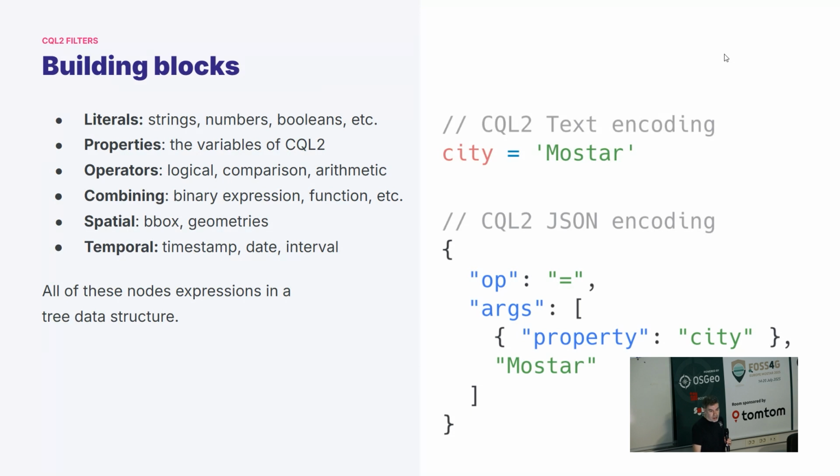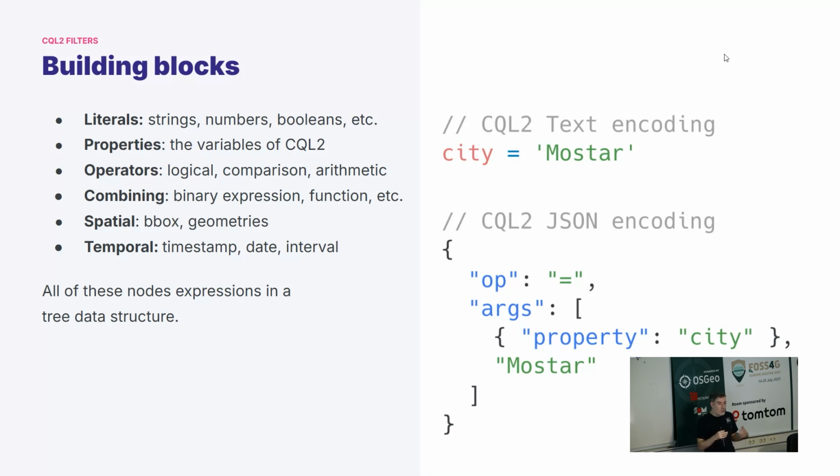Okay, and the building blocks. For CQL2, there are literals, which are the strings and numbers and the rest of the primitive data things. Properties are variables. Operators are like equal, logical operators, comparison operators, arithmetic, stuff like that.